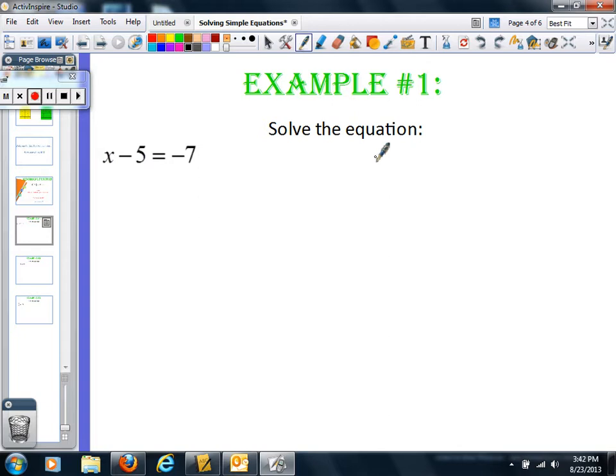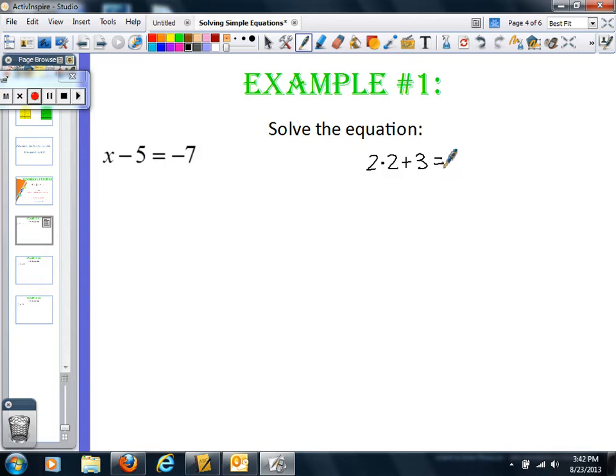So for PEMDAS, if I had 2 times 2 plus 3, and I asked you to simplify this using PEMDAS, which is parentheses, exponents, multiplying, dividing, adding, and subtracting. As a quick review, if you have multiplying and dividing in the same equation, then you do whichever one comes first, reading left to right. And as far as adding or subtracting, it's the same thing.